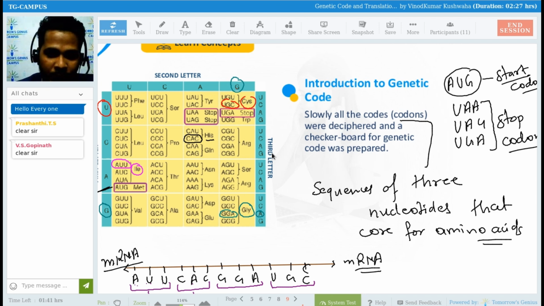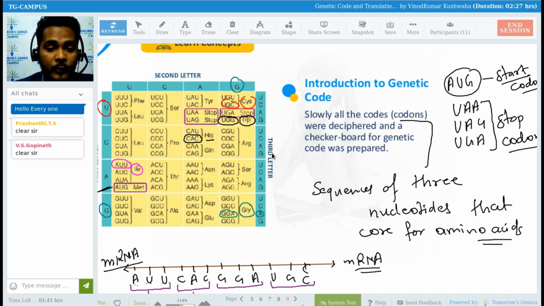So here you can see this is tryptophan. Tryptophan has only one codon and methionine has only one codon, and except for these, all the others are coded by more than one codon. Is this clear?